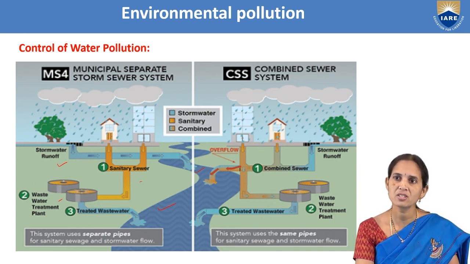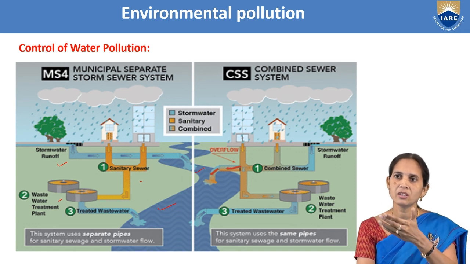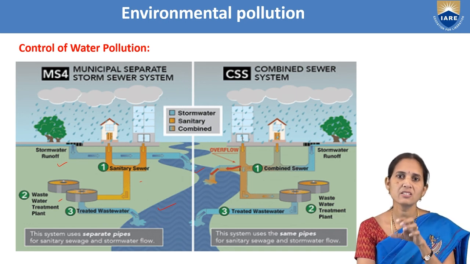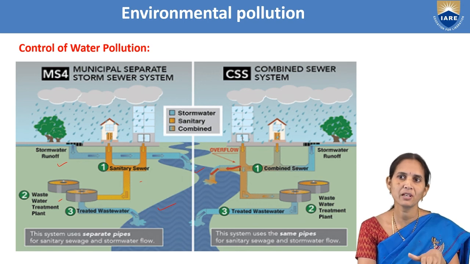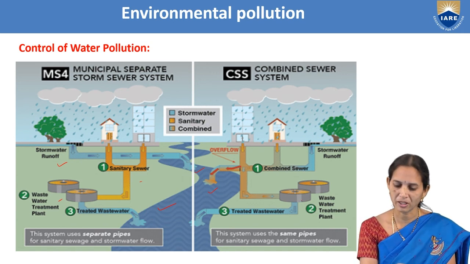And the combined sewer system means the wastewater coming out of the houses and the surface runoff water, the rainwater, are all collected in only one pipe. So that water goes directly into the water bodies, and it goes into the wastewater treatment plant.